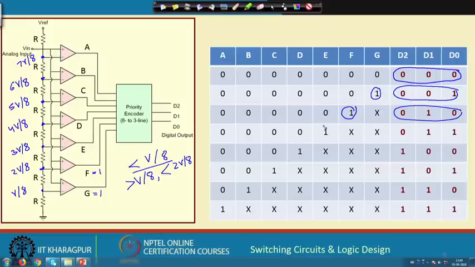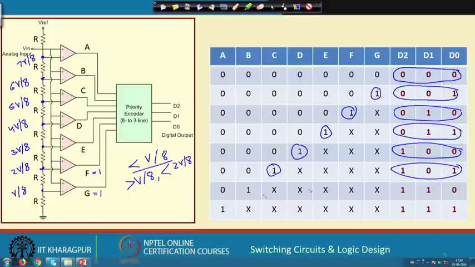Similarly, if E is 1, E is 1 means greater than 3 V by 8, then 0, 1, 1. If D is 1, D is 1 means greater than 4 V by 8, 1, 0, 0. Then C means 5 V by 8, 1, 0, 1.